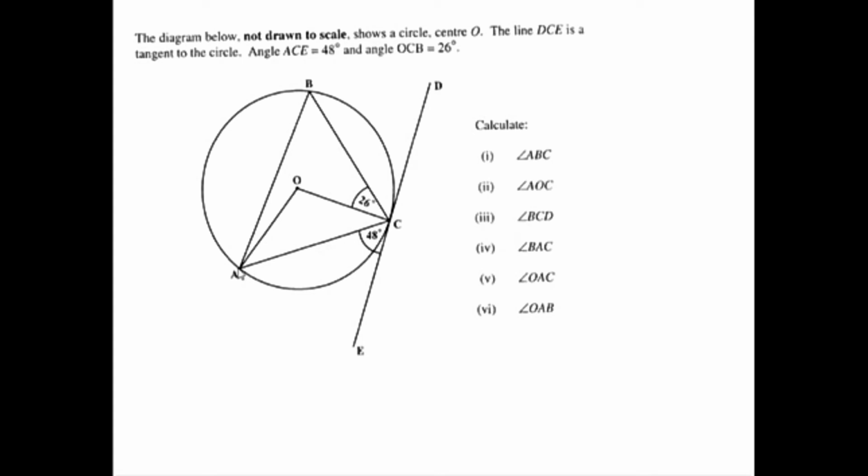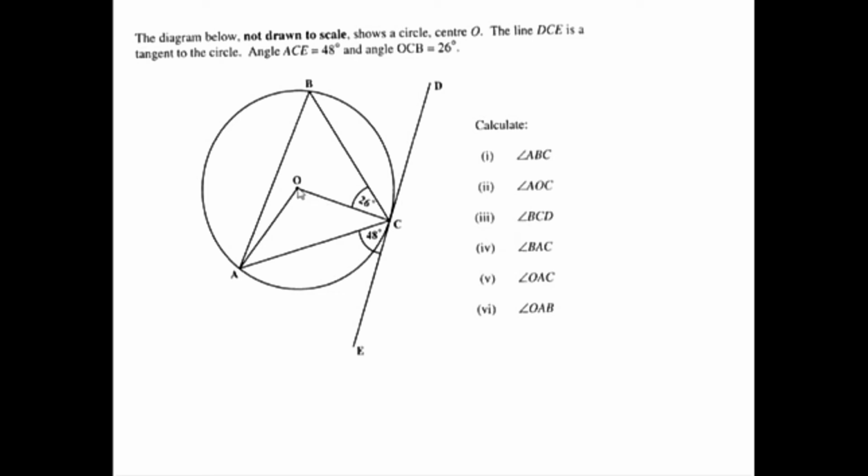So we have a turn there. Looking from point A, going on to C, and we're turning at C to E. And that angle here is 48 degrees. The angle there is between a tangent and a chord. And angle OCB is 26 degrees.